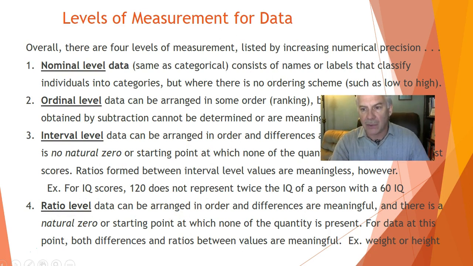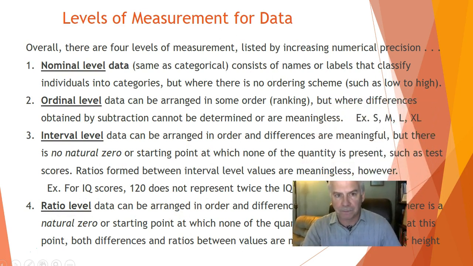Now, the levels of measurement, for all kinds of data, are the following. These four you need to know. The nominal level of data, same as categorical, consists of names or labels that classify individuals into categories. We've already talked about this. This is the same as qualitative data.